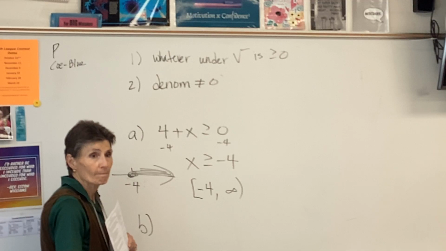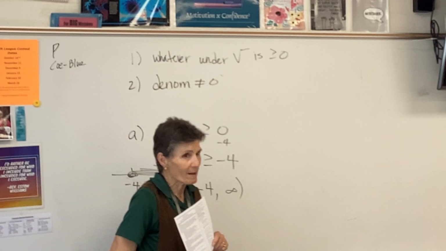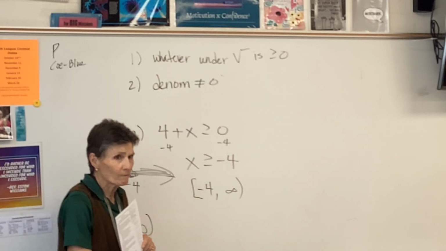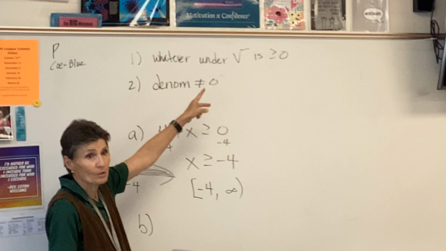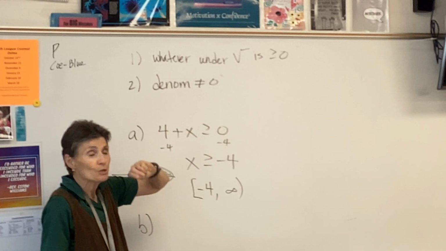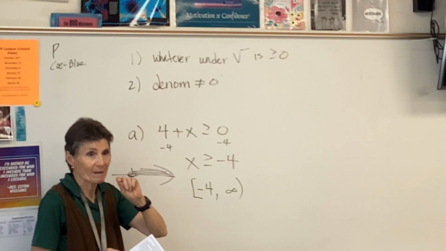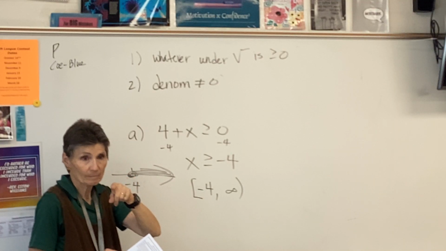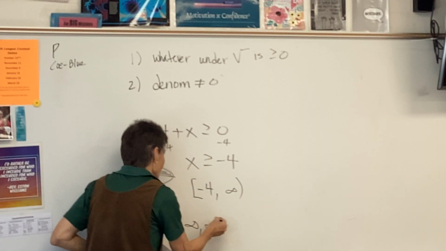Can't you factor out 3? You can, but remember, we're talking domain here. We're not solving it or simplifying it. We just want to know what's the domain. So we're focused on those two rules. You could factor out a 3, absolutely, but that doesn't have anything to do with domain. Negative infinity to positive infinity. Why?